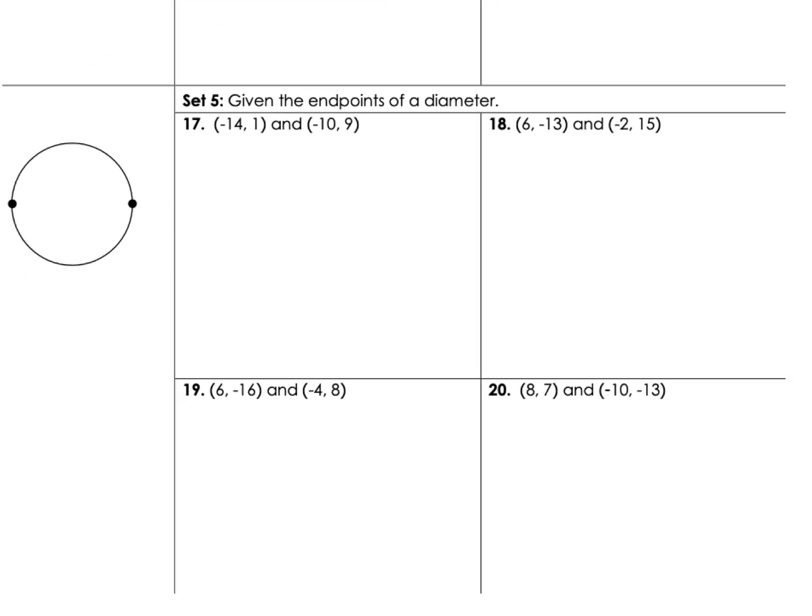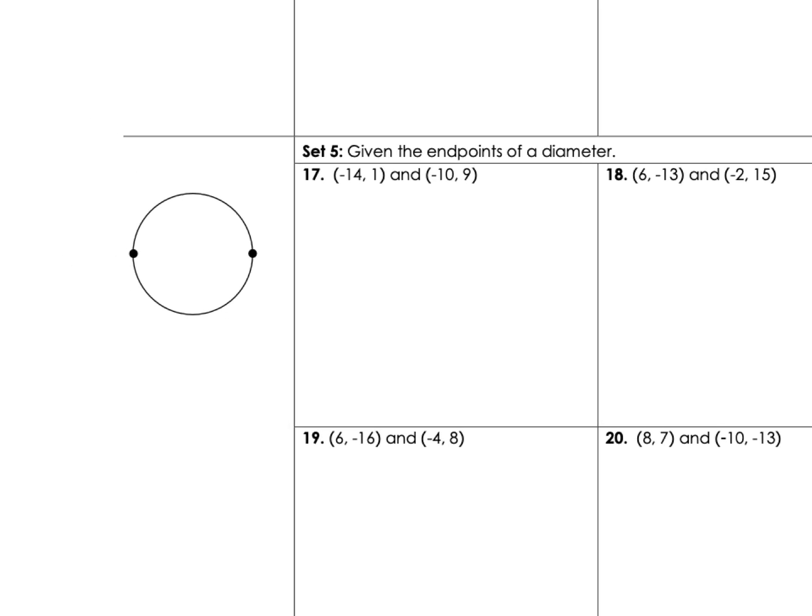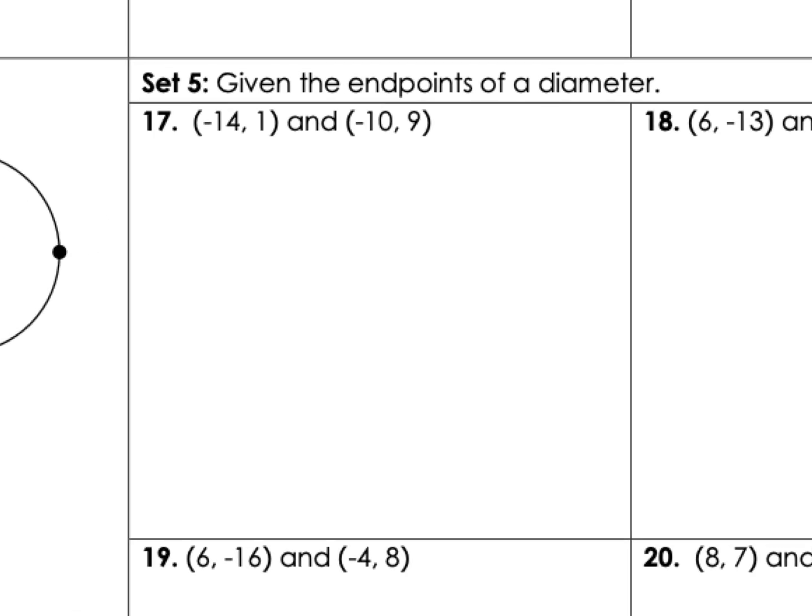If I give you the endpoints of the diameter, they're not going to be straight across, they're going to be off center, so you can't just look at a picture. I'm giving you the endpoints. Where is the center? In the middle, which is why we use midpoint. First we have to find our center: average the x's, average the y's. (-14 + -10)/2, (1 + 9)/2.